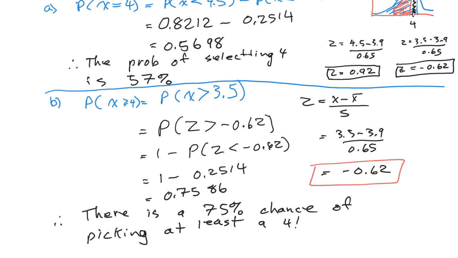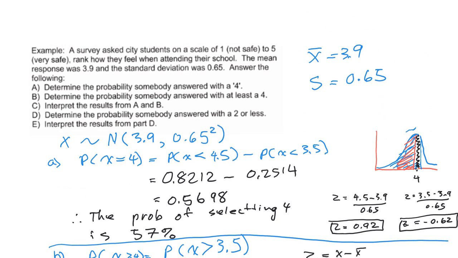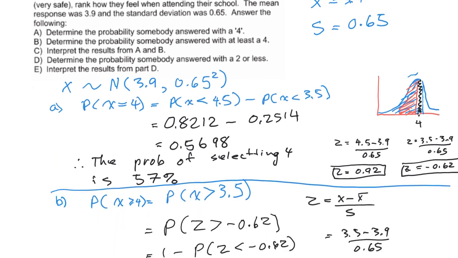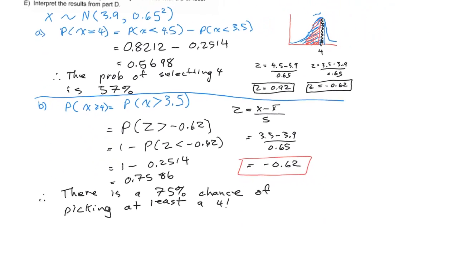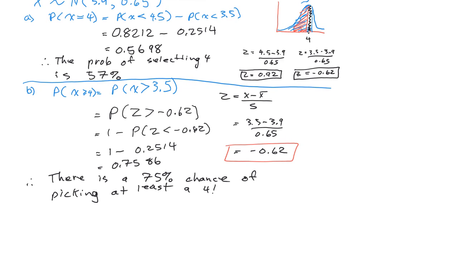Now let's go back and take a look at our second last question. We need to make sure that we can interpret the results from A and B. So let's zoom out and look at those two results. The reason why these two results are different is, for the first one, we want only a 4.